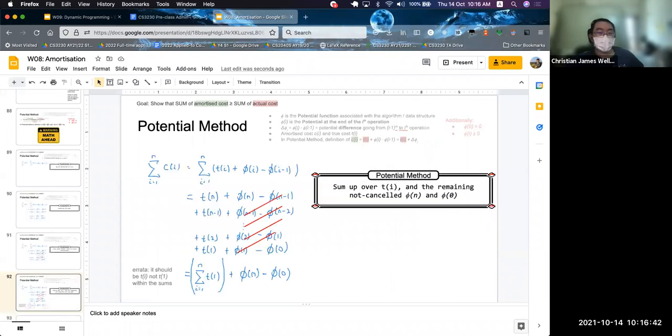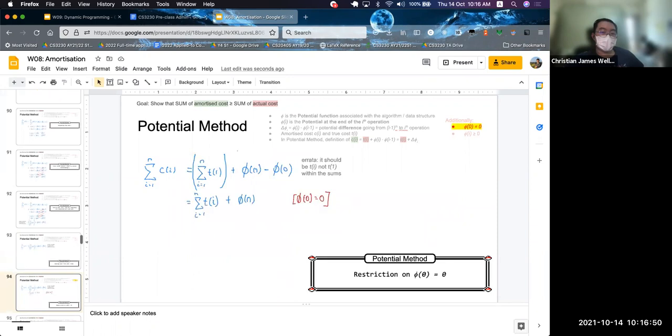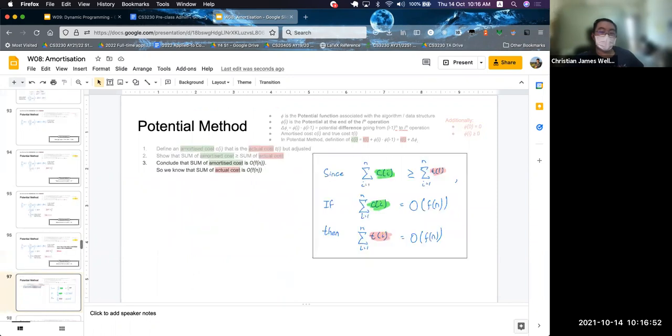Usually I use the total sum without any big O yet, but in the claim, okay, so usually in the claim, we claim that the total sum is big O of something. The total actual cost is big O of something.